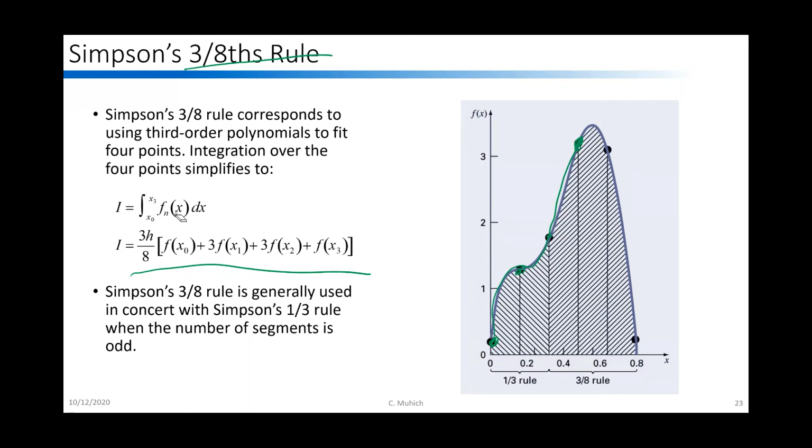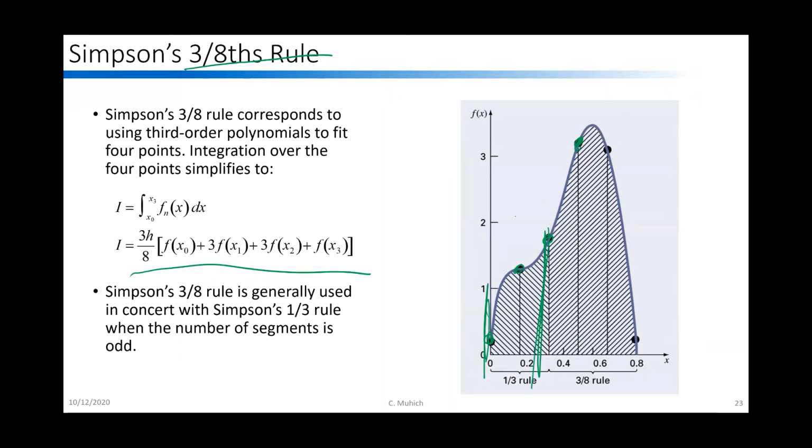What you'll notice though is now all of a sudden I need 4 points. This is a lot of points to need, and I may not always have a number of points which is nicely divisible by 4. Therefore, I'll take one set of 3 points and do Simpson's 1/3 rule on it.